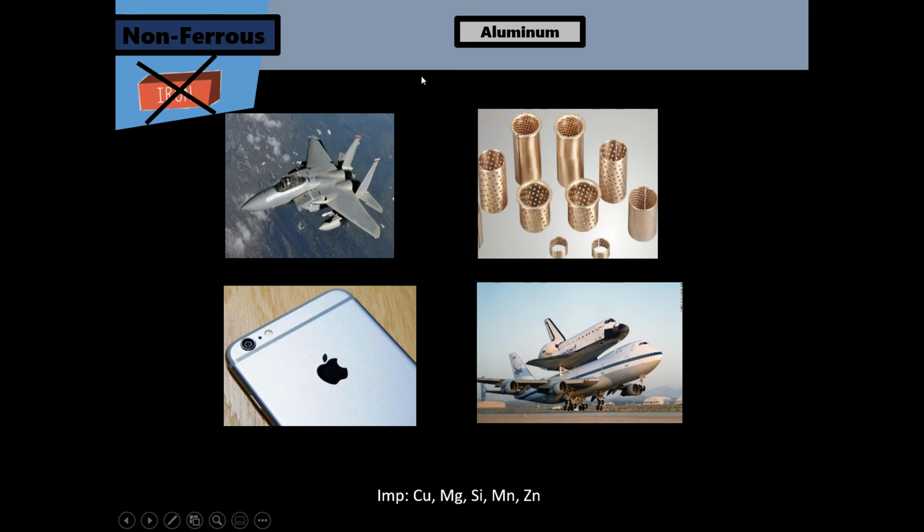Aluminum alloys are very important because they are lightweight. That's why they are very ideal as materials for airplanes, because they are very light. Also for smartphones, because we don't want our phones to be heavy. So sturdy and light, we have aluminum.